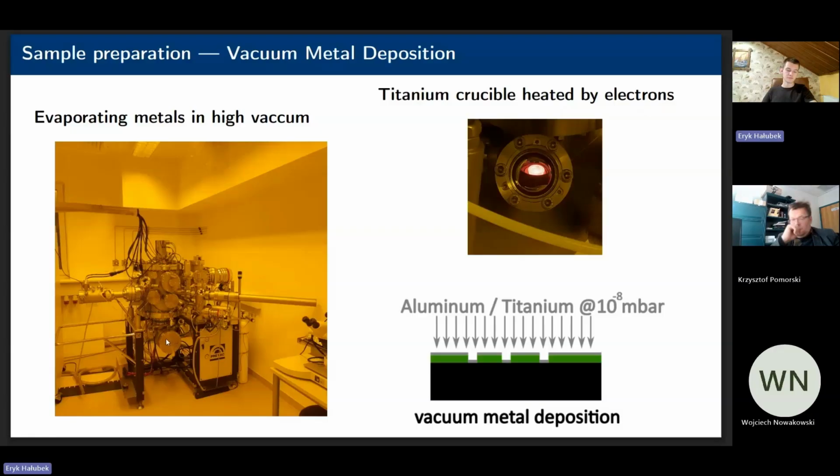And then when you choose the crucible you want to use, which metal you want to evaporate, you apply a beam of electrons to it, which heats it, and then the atoms of that metal are moving from the bottom to your sample through the vacuum and are depositing on your sample.